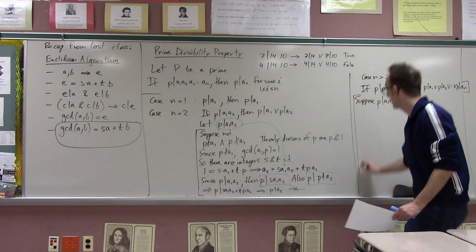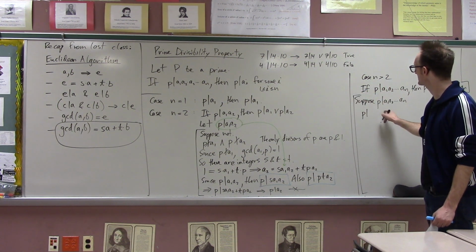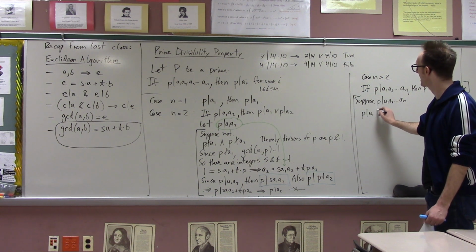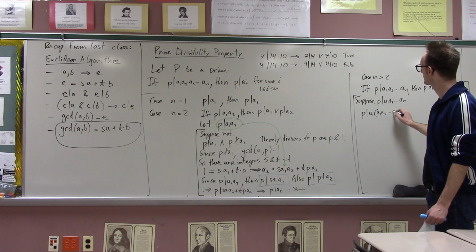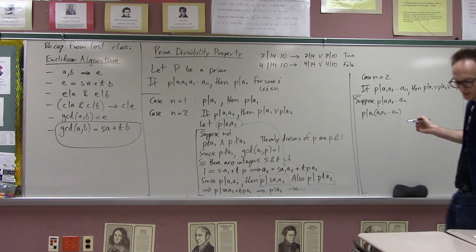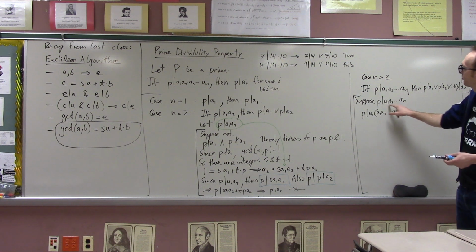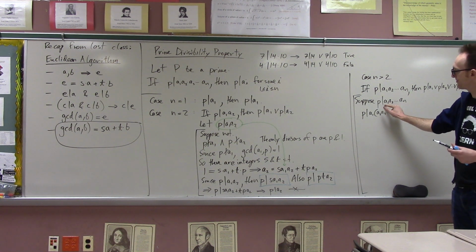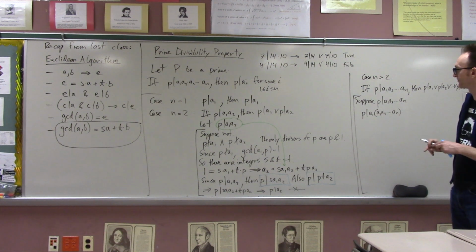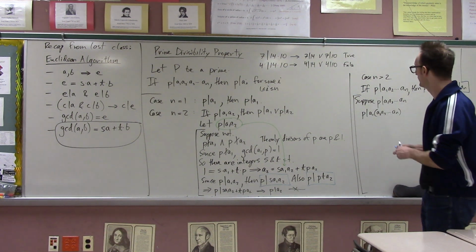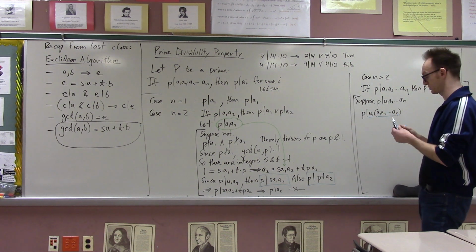Well, what we may do now is just express this as A1 times A2, A3 to AN. In other words, multiplication is a binary operation anyway, so there's really no such thing as a product of a whole bunch of numbers. Any product of a whole bunch of numbers can just be thought of as the product of one number times the rest of them. And now we apply case n equals 2 to these two numbers.